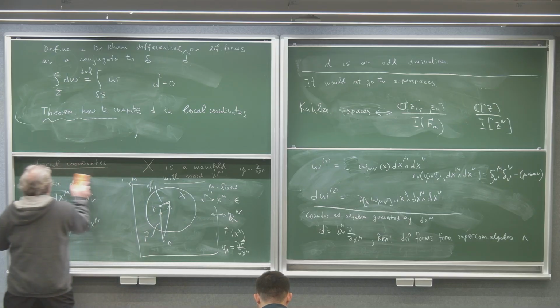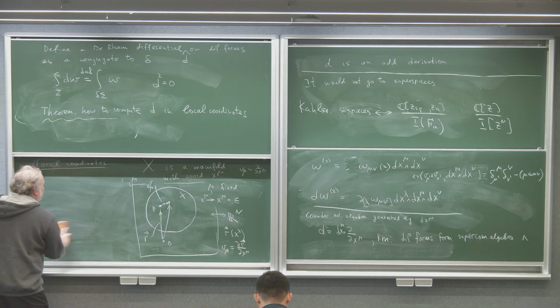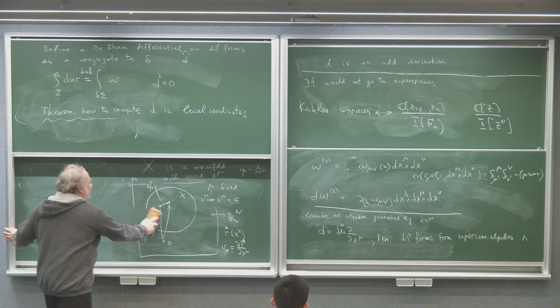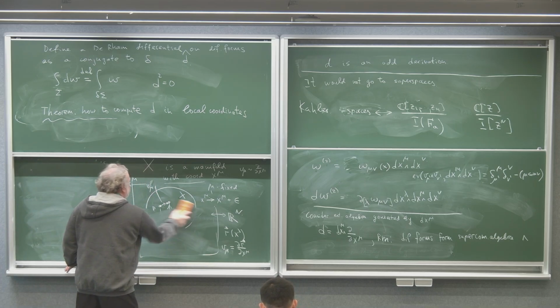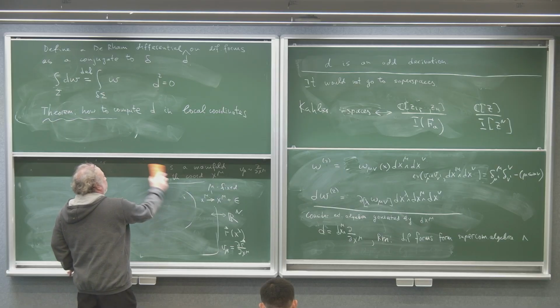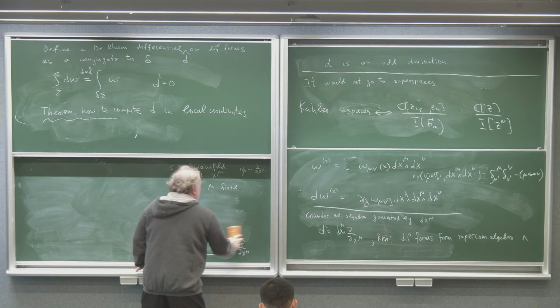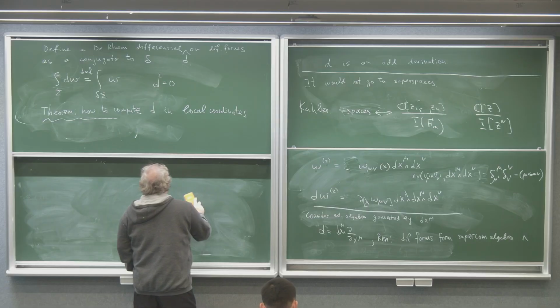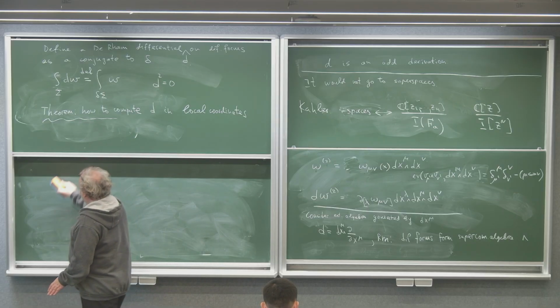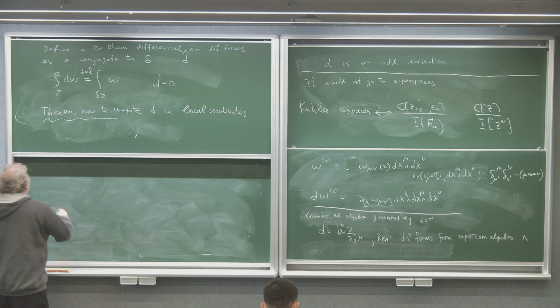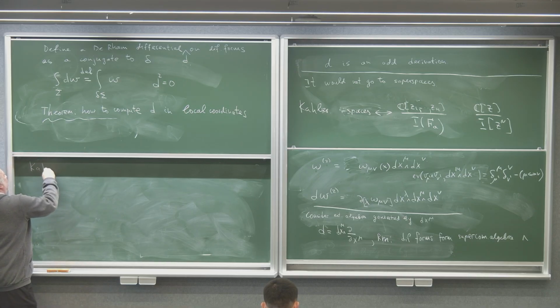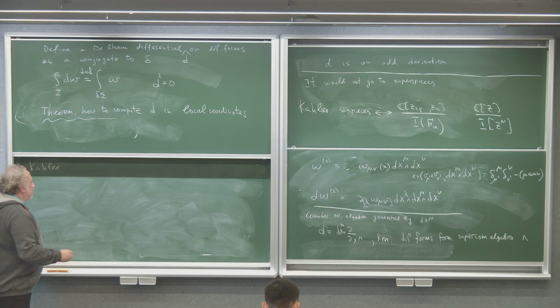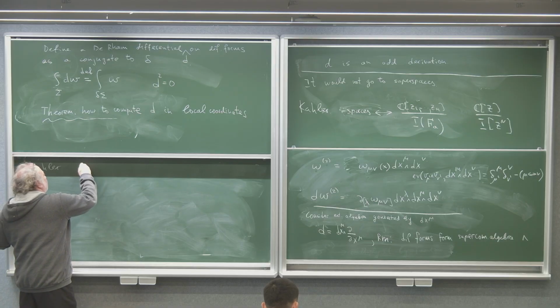Okay, so I will erase the geometric picture and go to something algebraic. So Keller says, suppose we have a commutative algebra.